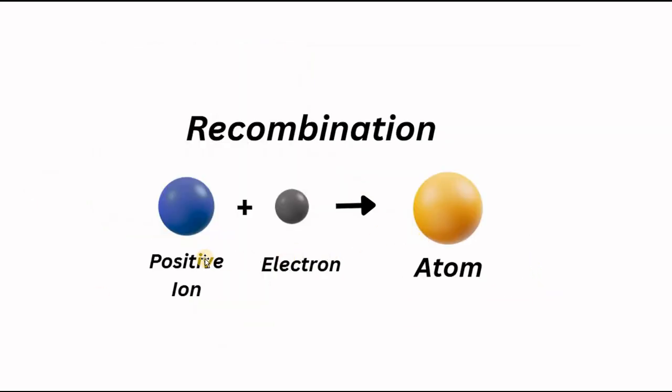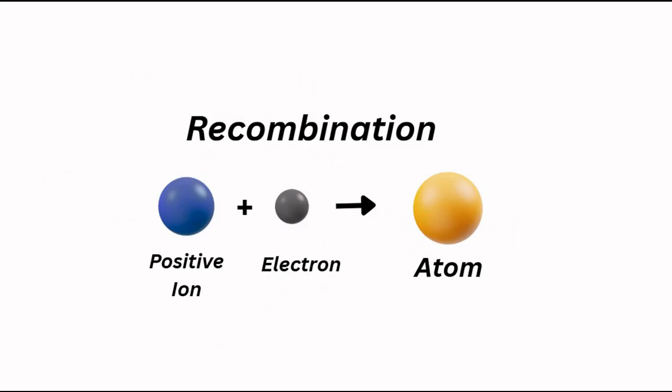So it depends on the quantity of positive ions of different gases and the number of electrons. If the number of electrons is less as compared to the positive ions, it means the recombination rate will be less. So there is always a natural equilibrium between ionization and recombination.